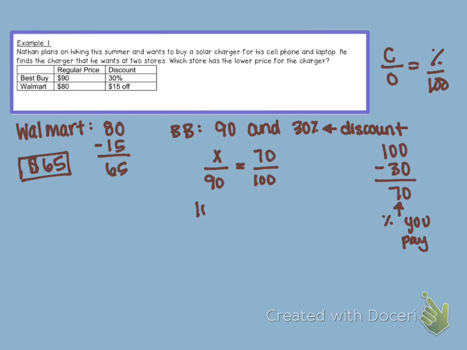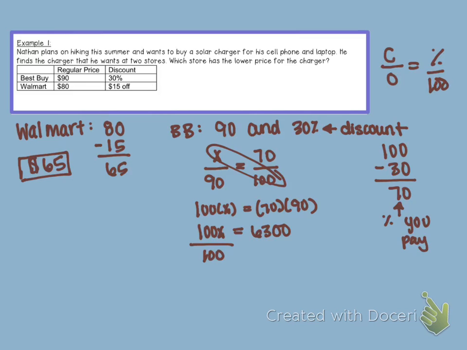So we have 100 times x when we cross multiply, and then 70 times 90. And then 100x is 100x. And then we know that 7 times 9 is 63, with 2 zeros is 6,300. We're going to divide by 100 to solve.